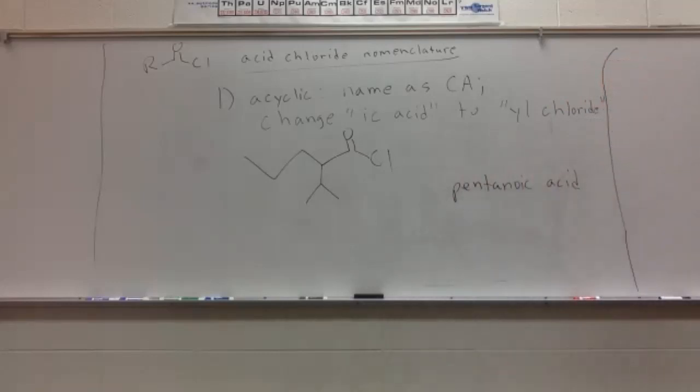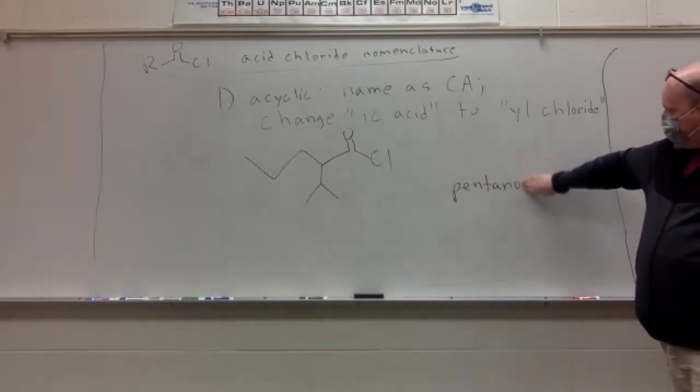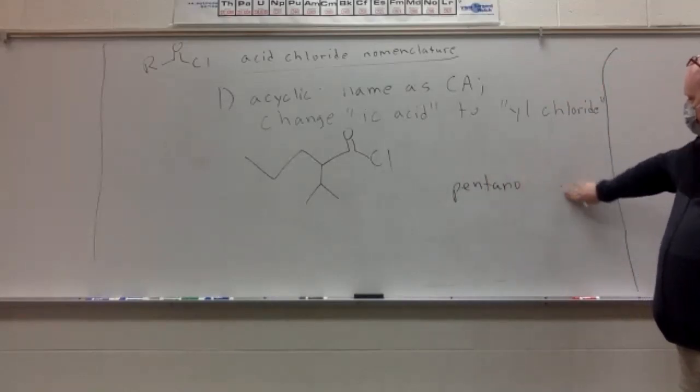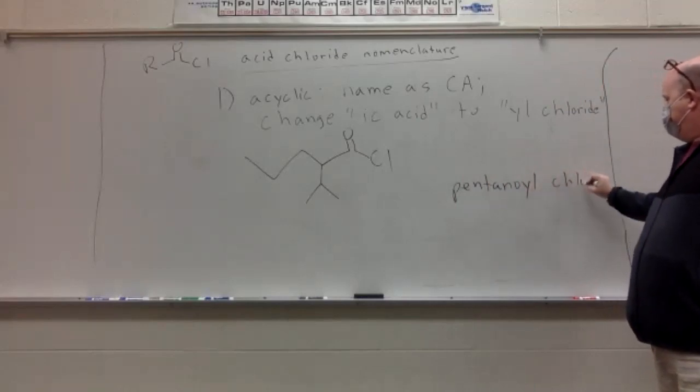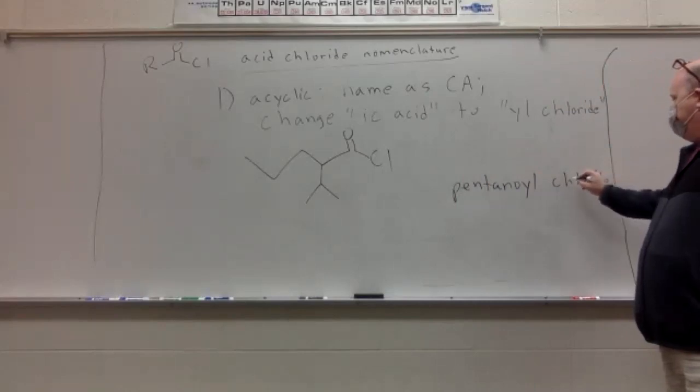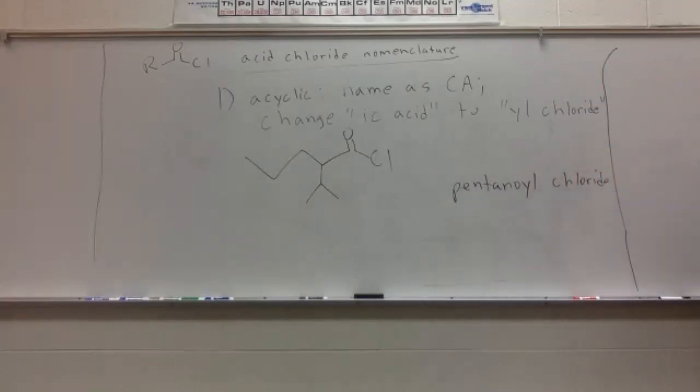Right, but it's not an acid. It's an acid chloride, right? So we're going to replace that ic acid with yl chloride. So instead of pentanoic, that's pronounced pentanoyl. Doesn't that sound more intelligent and sciencey?